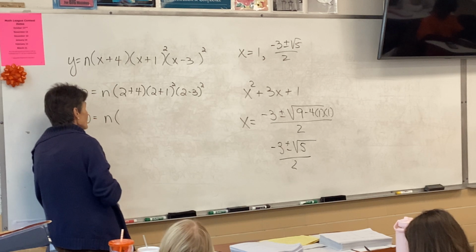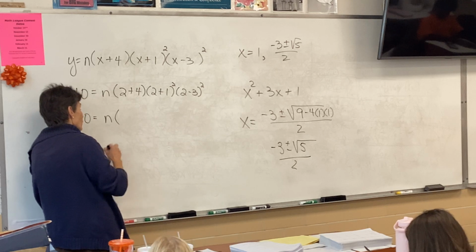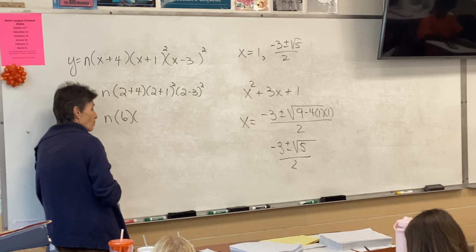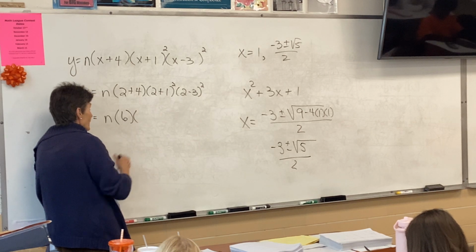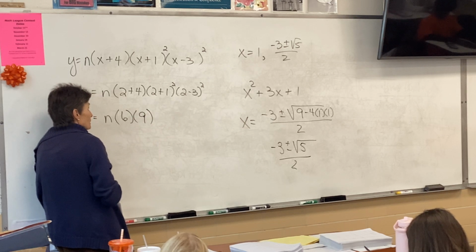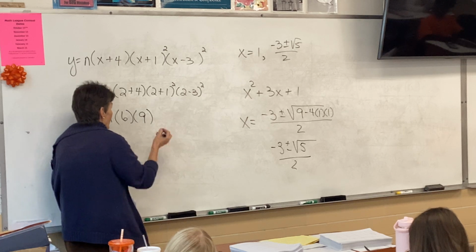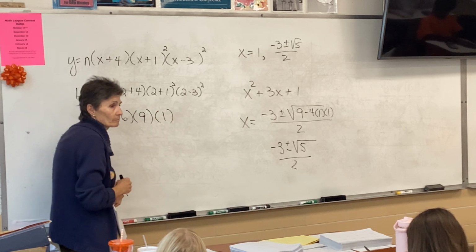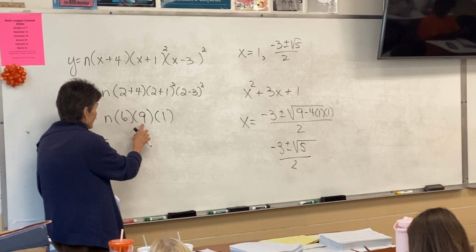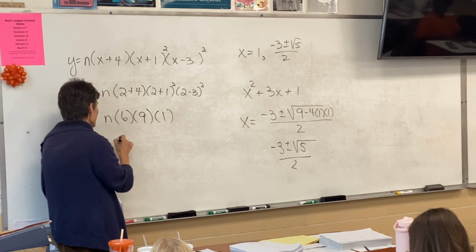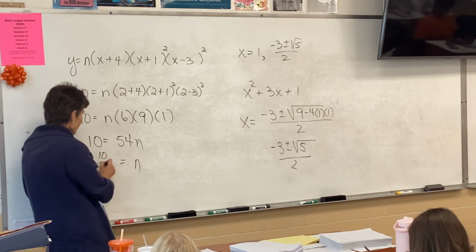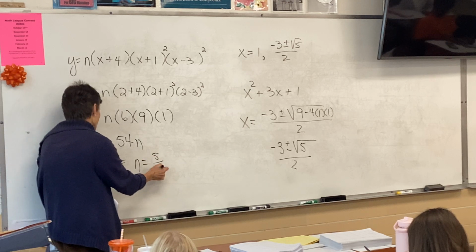Got a little bit of arithmetic here. 2 plus 4, 6. 2 plus 1 squared, so 9. 2 minus 3, negative 1 squared, so 1. 6 times 9 times 1 is 54. So 10 over 54 is 5 over 27.